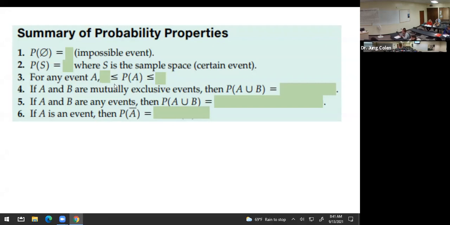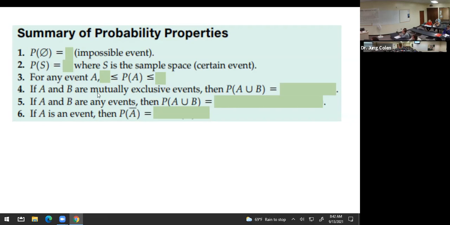For any event A, the probability of that event is always greater than or equal to what? What's the smallest number for the probability? 0, it's not going to happen. It certainly happens, 1. The probability is always greater than or equal to 0 and less than or equal to 1, okay?